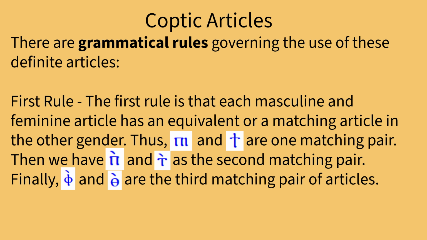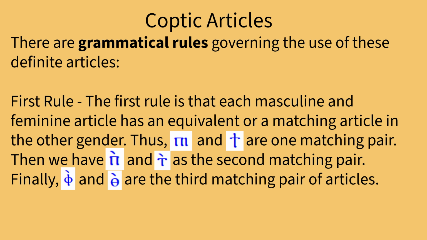Then we have ab and ad as the second matching pair, ab being masculine and ad being feminine. Finally, we have ab and at as the third matching pair, with ab or af, depending how you would pronounce it. It's just personal choice again.